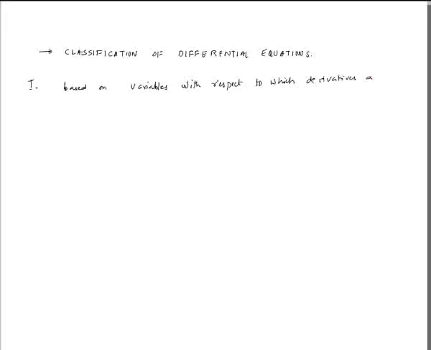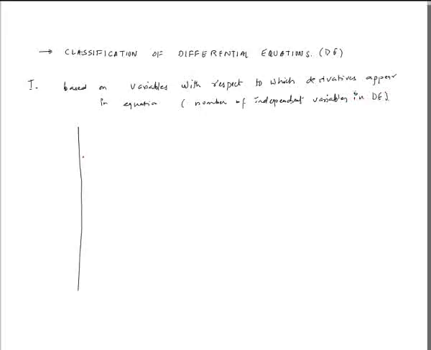From now on I'll write differential equation as dE just to avoid writing struggle. So what it basically means is the number of independent variables in the differential equation. Based on this you have two classifications.